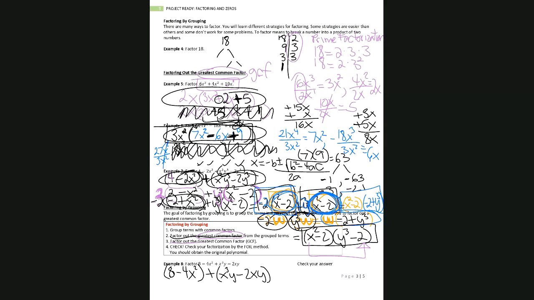Then from there, we're going to factor from the first group. Let's try to factor out a negative 4. So if we factor out a negative 4, 8 divided by negative 4 is negative 2. Negative 4x squared divided by negative 4 is positive x squared.